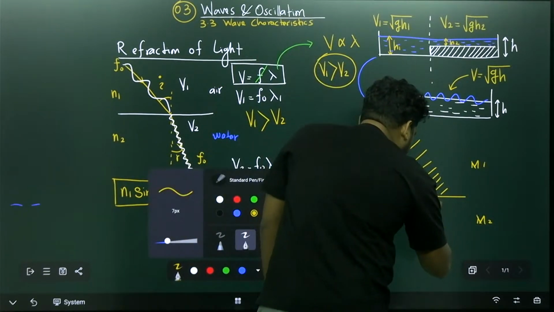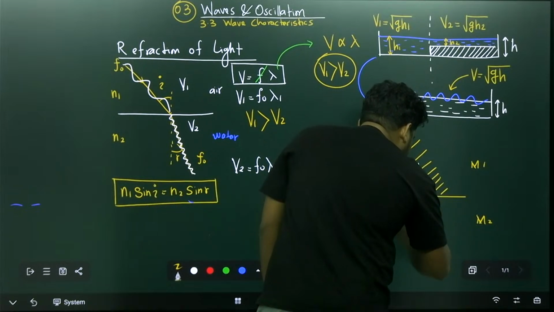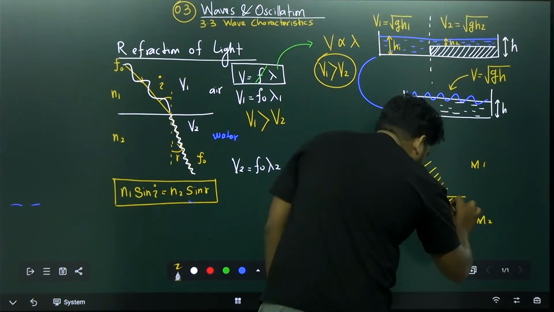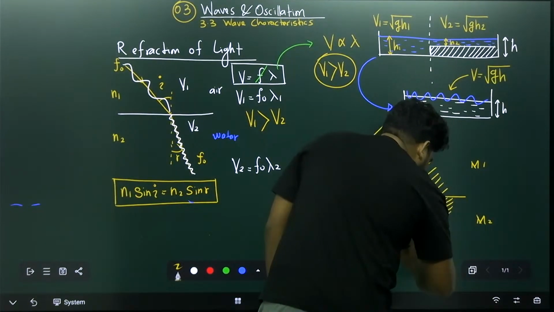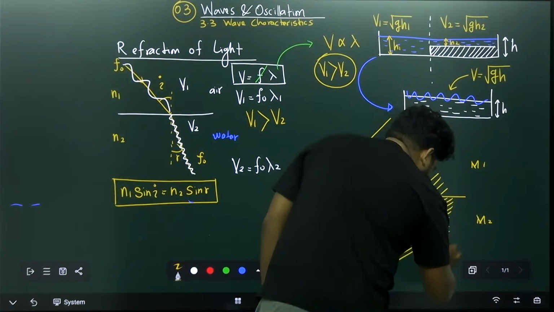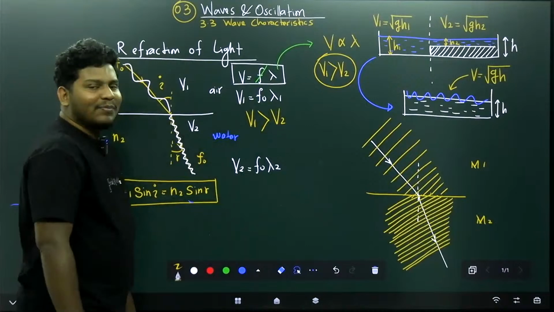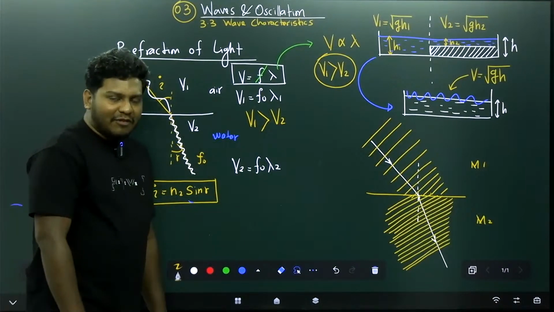I'm going to draw that one as well. Right, they will look like this. The refraction will look like this.